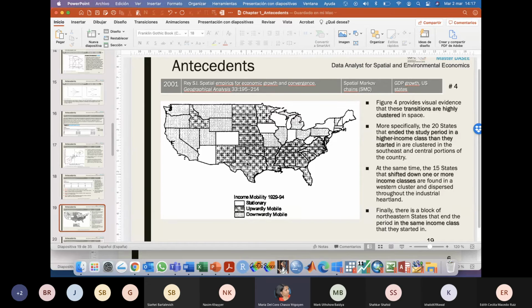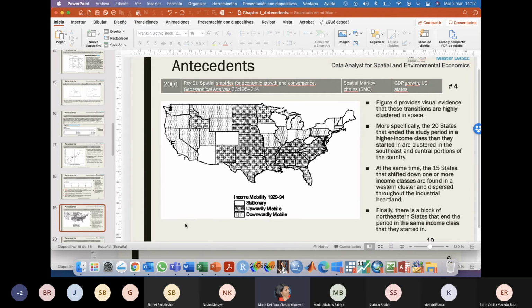More specifically, Ray found that 20 states that ended the study period in a higher income class than they started in, so upwardly mobile, are clustered in the southeast and central portions of the country. Those were the ones that grew faster. At the same time, the 15 states that shifted down one or more income classes are found in a western cluster and dispersed throughout the industrial heartland, this inland industrial region that suffered a lot in the United States.